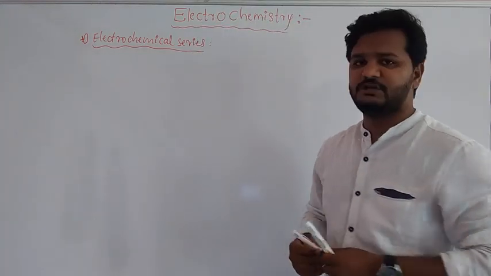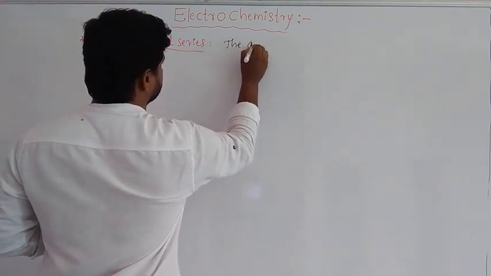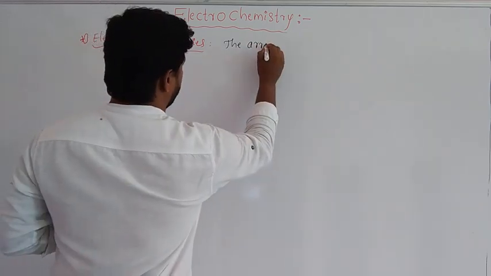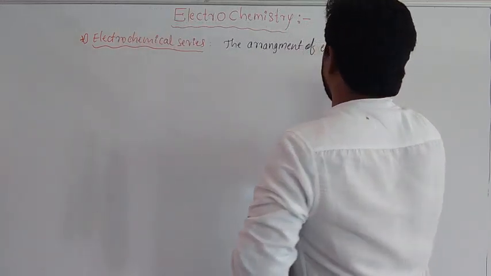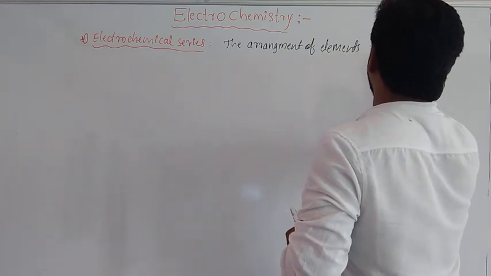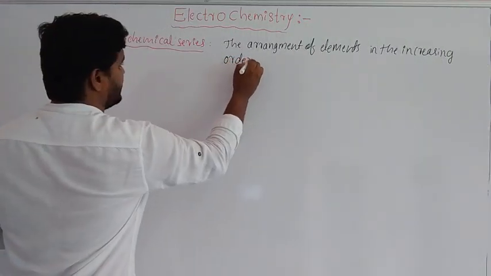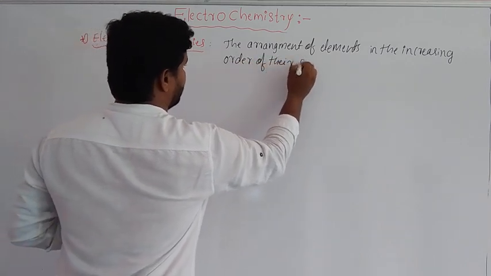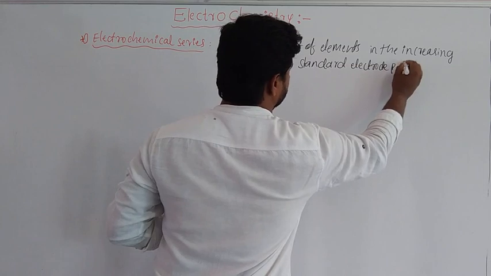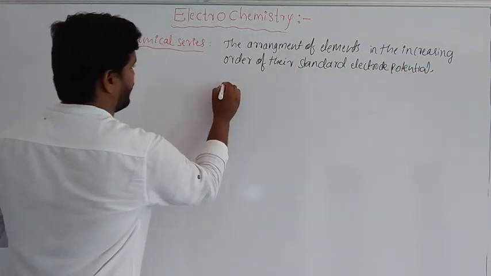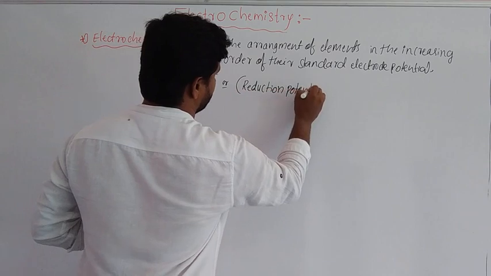Students, the first definition I am going to write here: the electrochemical series is nothing but the arrangement of elements in the increasing order of their standard electrode potential or standard reduction potential.